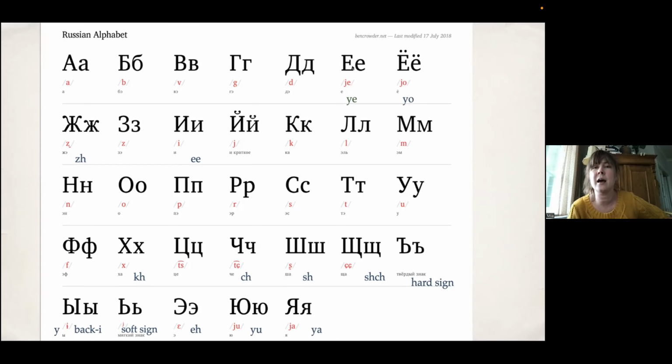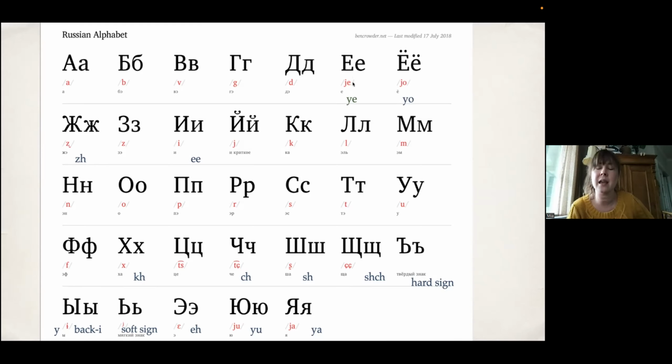And then this E letter is not pronounced like we say in English, E. It kind of has this Y letter in the beginning. So you have to make those two sounds together, Y and E. So it is said ye, ye.